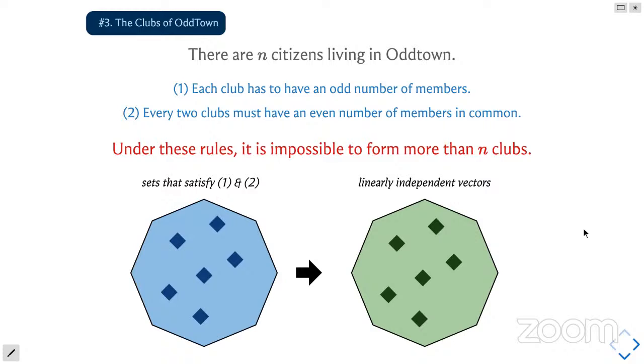In this case, we managed to map everything to a vector space whose dimension is just n, and these vectors indeed turned out to be linearly independent. So you cannot have more than n sets simply because you cannot have more than n linearly independent vectors in this space. I hope that made sense. So in short, the "not more than n" comes from the dimension of the vector space, and that is why this is called a dimensionality argument.